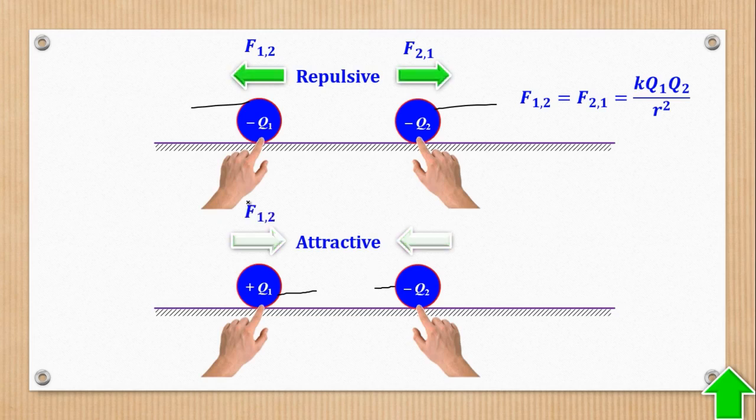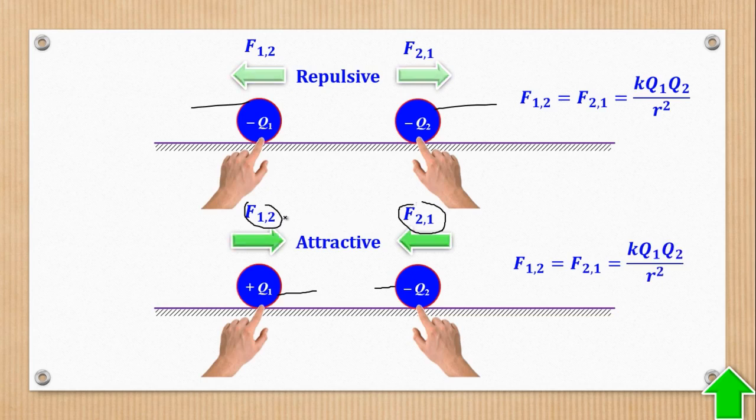Still this will be the force on Q1 due to charge on Q2, and this will be the force on Q2 due to charge on Q1, and the magnitude will be the same for both forces. It is the same as before, that is if the separation is the same and the magnitude of the charges is the same.